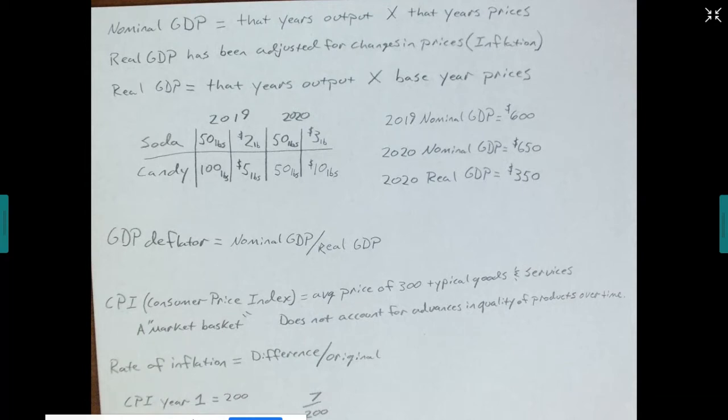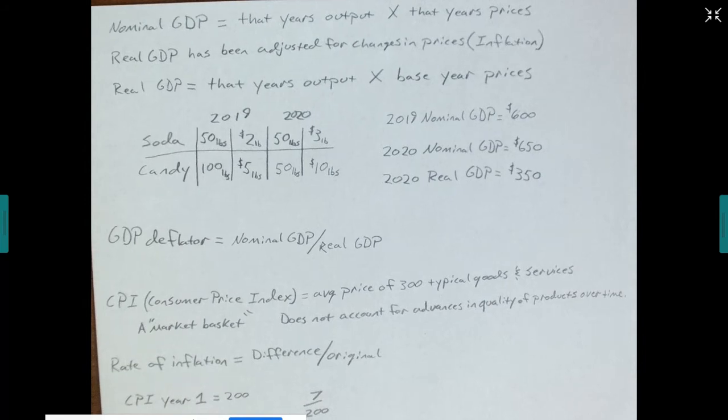There are shortcomings to the CPI. This Consumer Price Index does not account for advances in technology or quality of products over time. For example, cars that were produced in the 1970s might have cost $20,000, and you take a $20,000 car today.